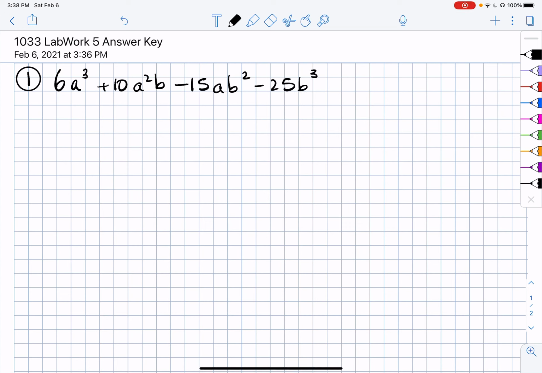Since you know that you have to add them and get a positive 11, the bigger number has to be positive. When you multiply two numbers to get a negative, one has to be positive and one negative, and since when you add them the larger number has to be positive.